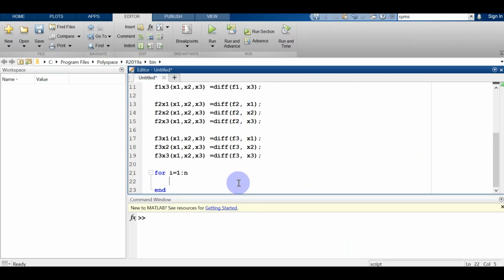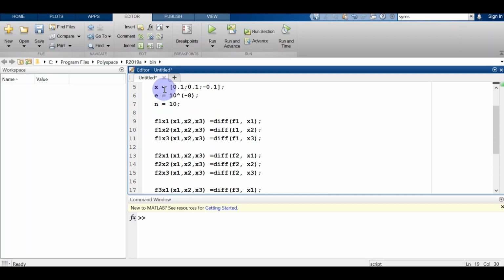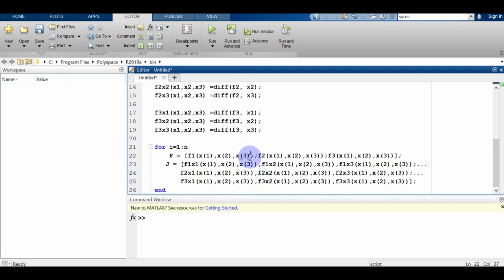So here I'm going to introduce the J and F. For F, you can see I have a vector, capital F. Inside the vector, I am computing f1 at x first value, x second value, x third value. What is x? x is my initial guess vector. I'm not writing x directly because the function will not accept it.